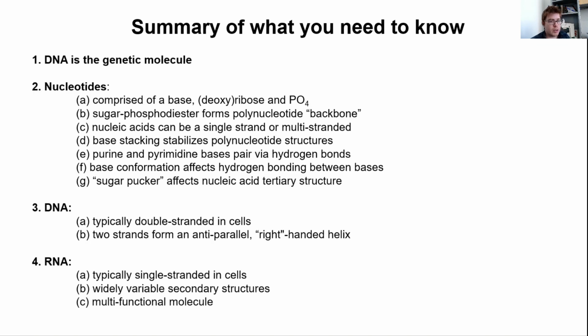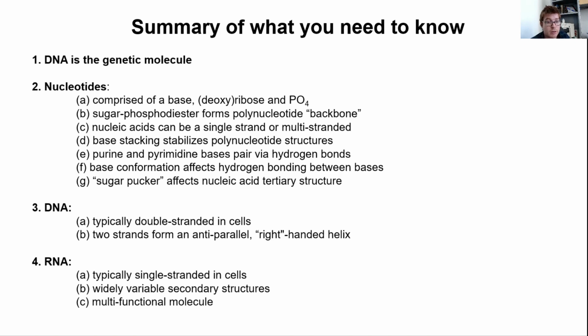Okay, so to sum up what we've talked about all throughout lecture one, I'm just going to go through this and double down on what I think you need to know. So we talked about how DNA is the genetic molecule of the cell. That's where the genes are, and that's the structure that's copied and passed down.